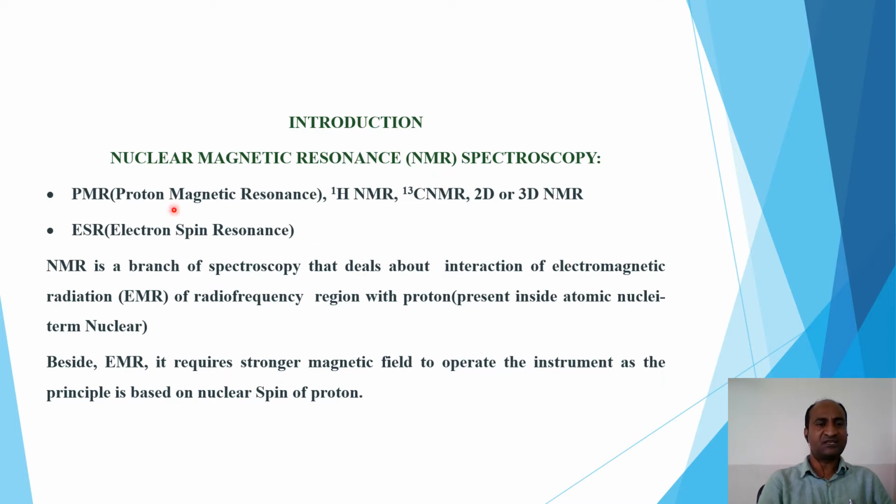Besides the nucleus, even the electron can produce a spin when it is placed in a magnet and we pass a radio frequency. If we consider the spin state of the electron, then that technique is known as electron spin resonance spectroscopy.